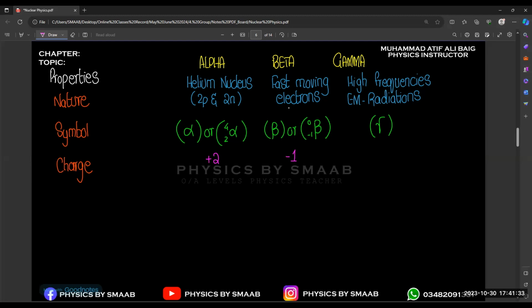And what about gamma? Because gamma is only a frequency or only a type of energy. So what will be the charge of gamma? Any idea?